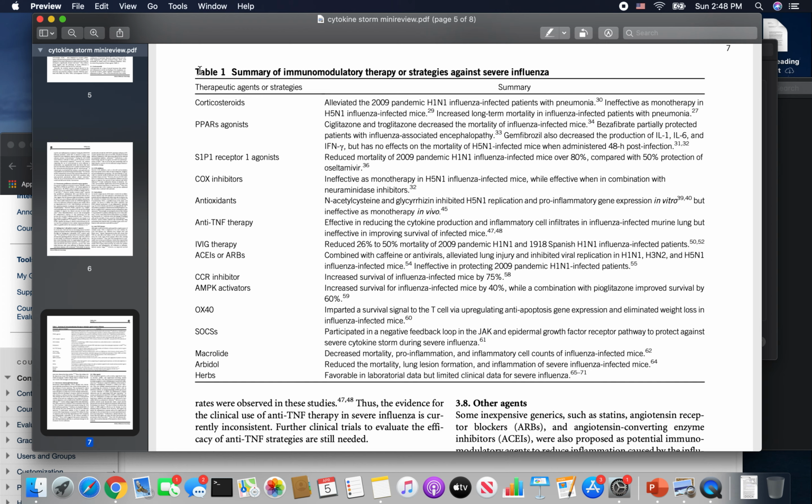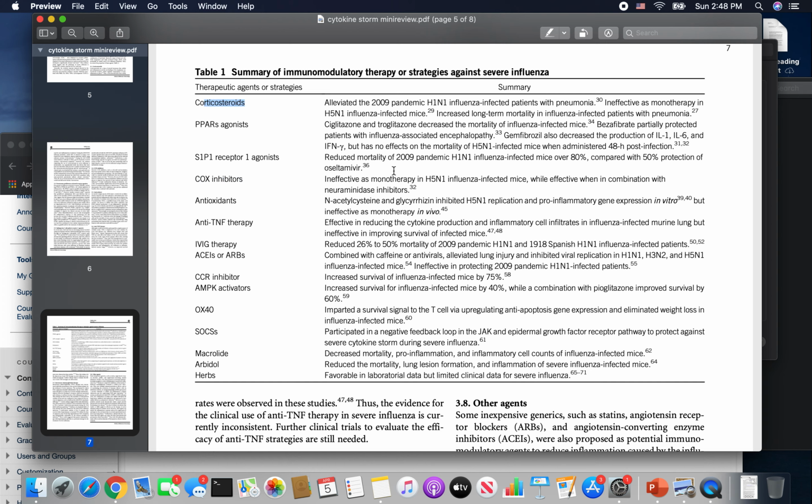Down here in Table 1, this is kind of interesting. This is people that have looked at ways to modulate, basically turn off or turn down, a severe infection. In this case, it's severe influenza. I think this is written by some influenza people. COX inhibitors are your generic anti-pain pills.